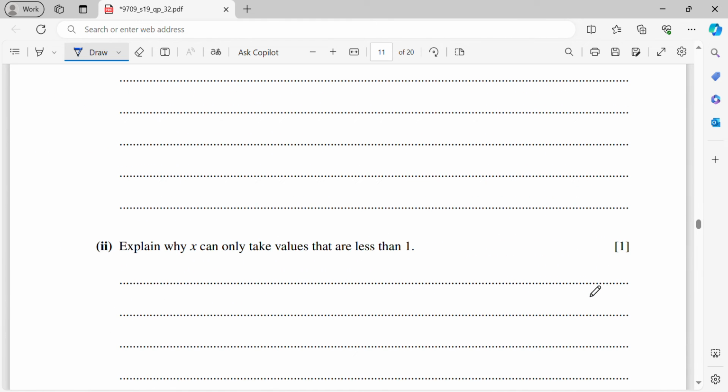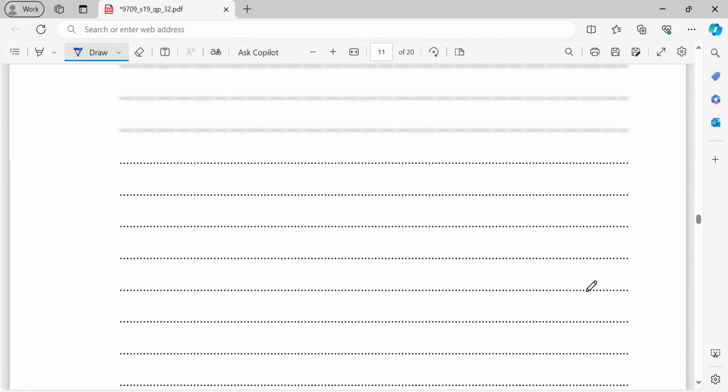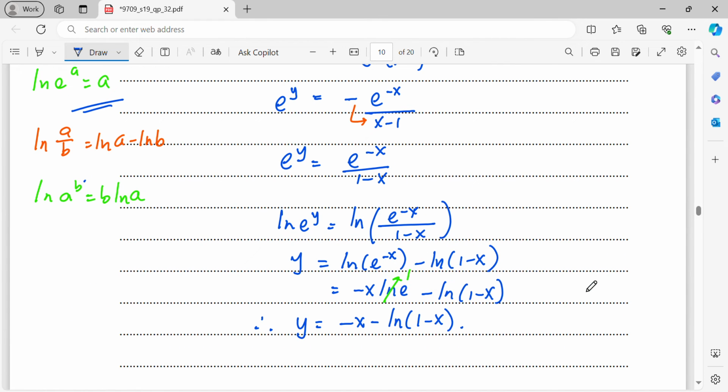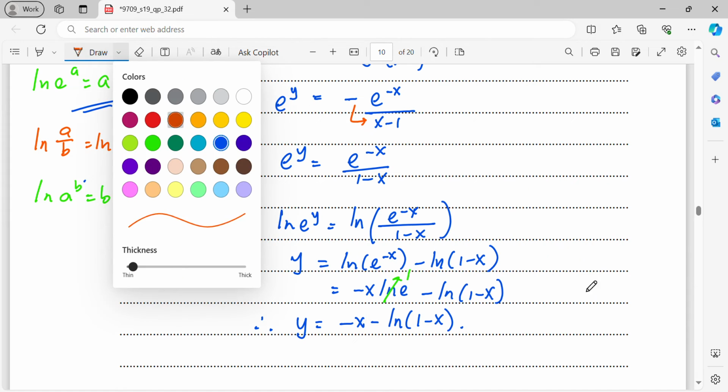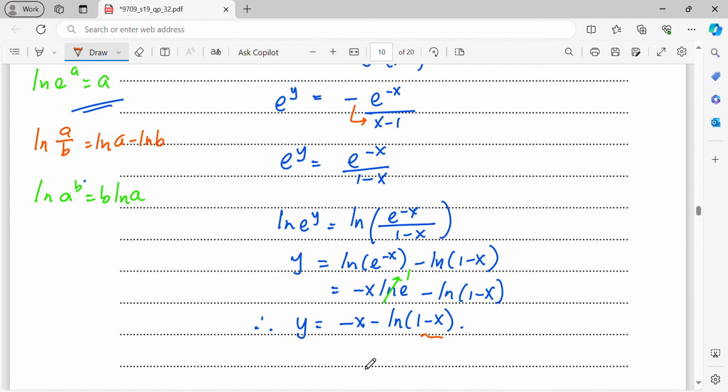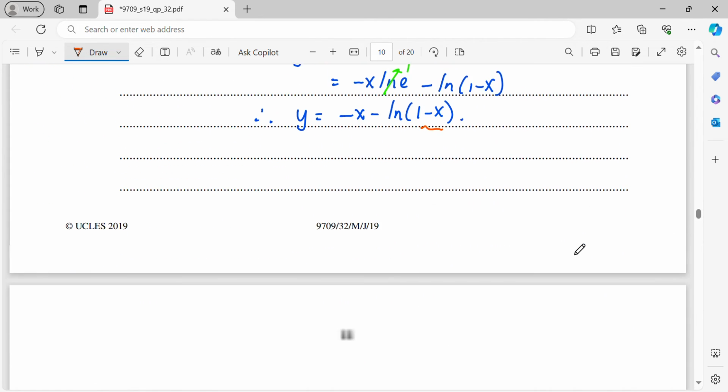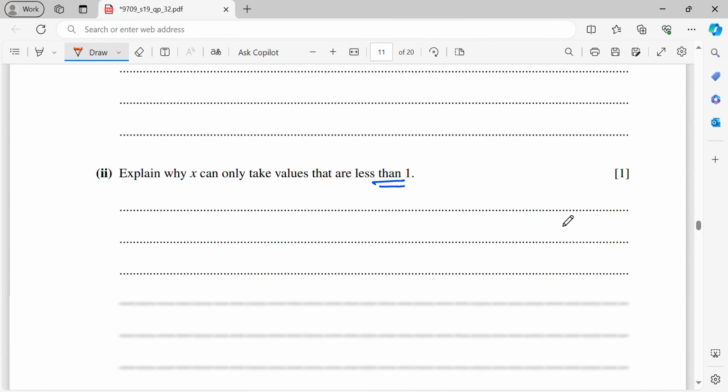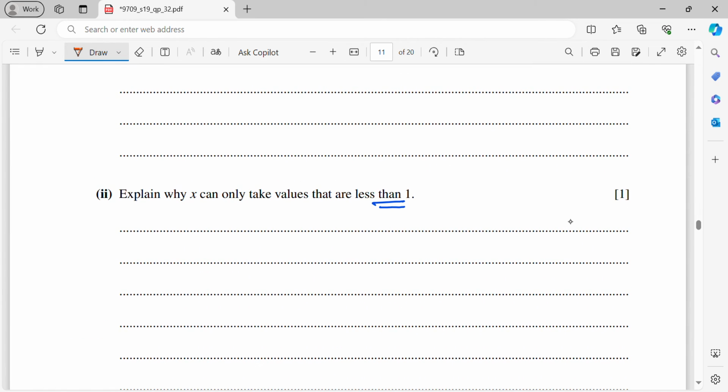Okay, now part 2, explain why x can only take values that are less than 1. Okay, now look at the y here. I will rewrite this. Y equals minus x minus ln of 1 minus x.